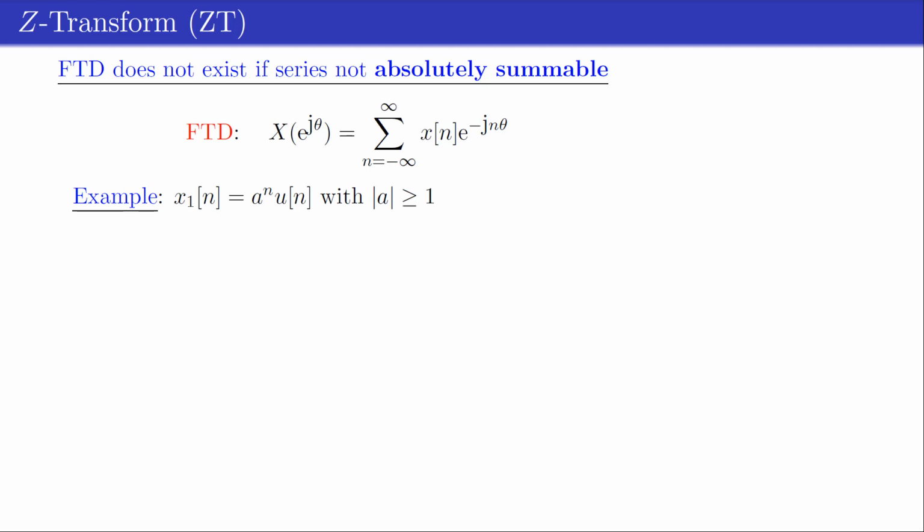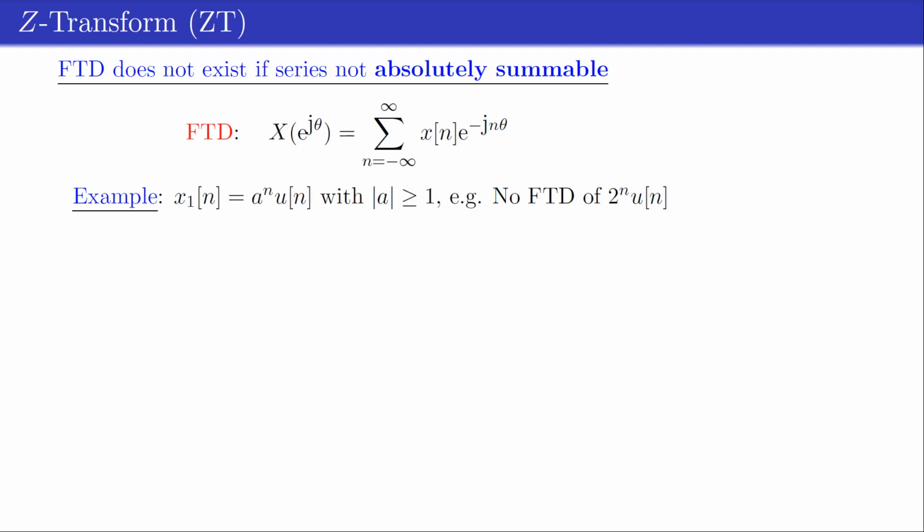An example is the sequence x1[n] is a to the power n u[n], in which u[n] is the unit step function and the parameter a is larger than or equal to 1. For example, the sequence 2 to the power n u[n] is not absolutely summable, and thus the FTD does not exist.